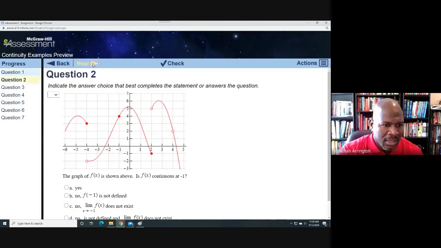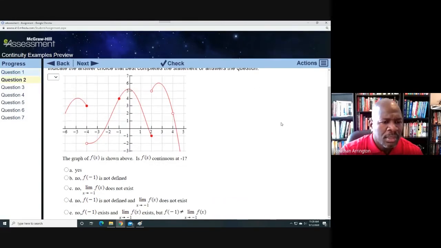Let's look at our next example. And so here, the graph of f is shown. Is f continuous at -1? So here's -1 there. So is the function continuous at -1? Well, I don't know. Let's go through the checklist. Is f of -1 defined? Yeah, sure.